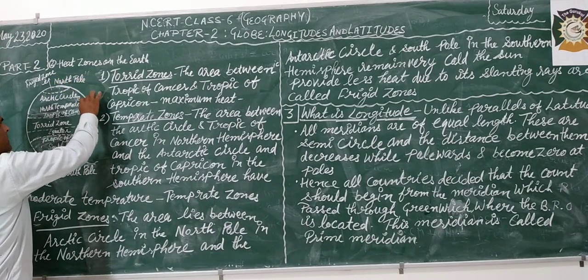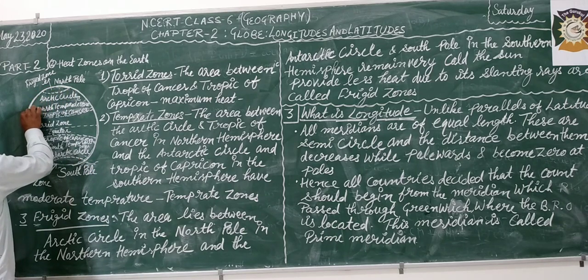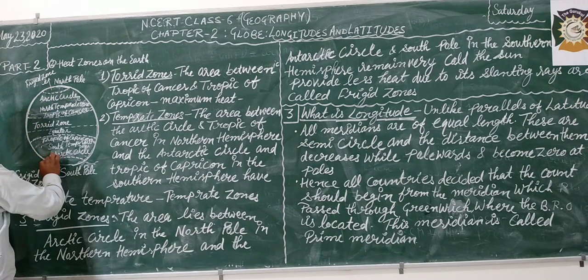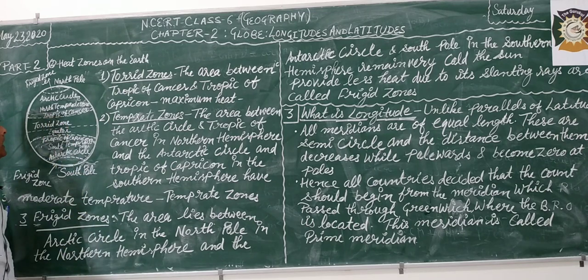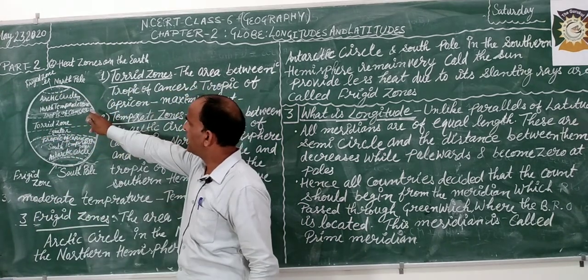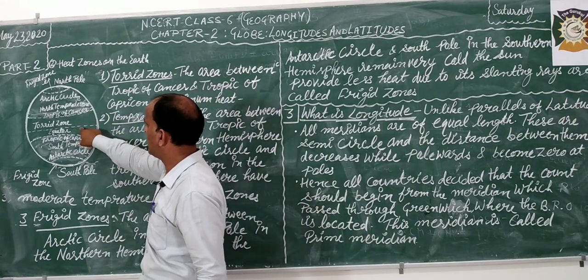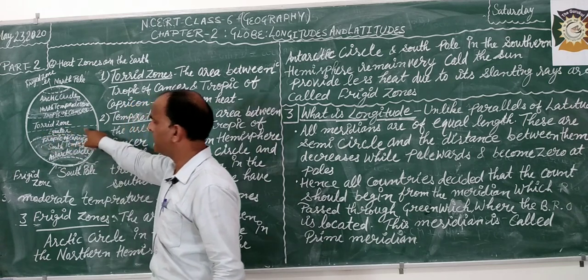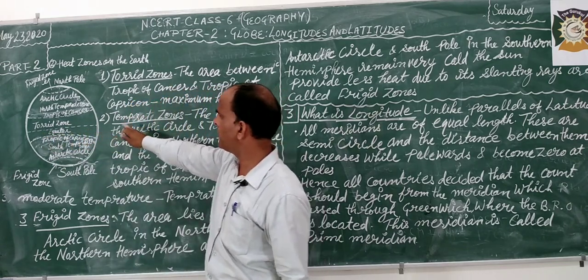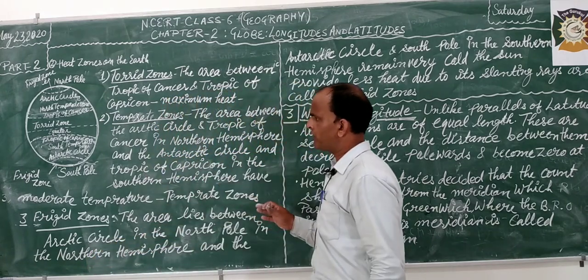Our earth is like this, and it has two poles, the North Pole and the South Pole. Between them there is an imaginary line, which is called the equator.